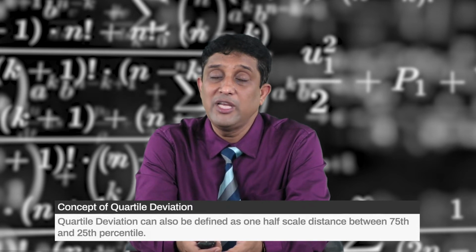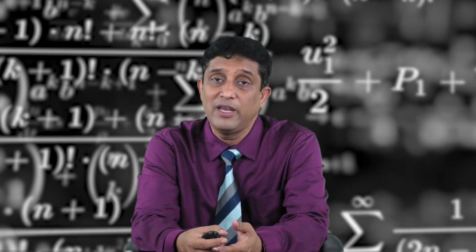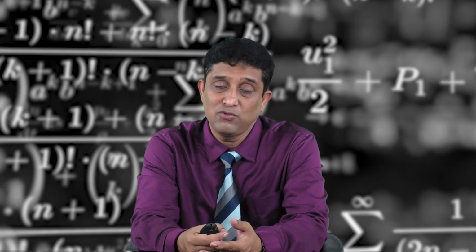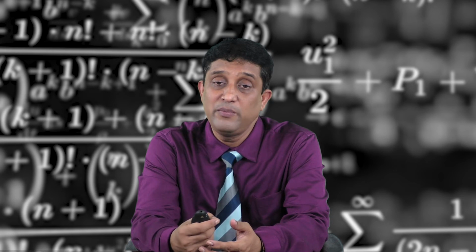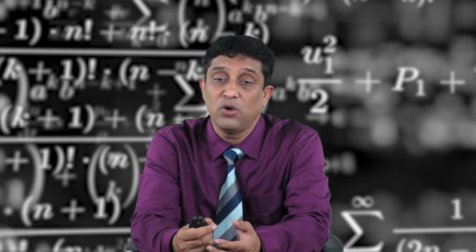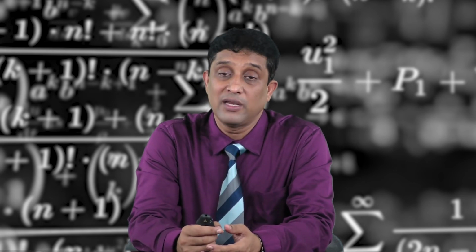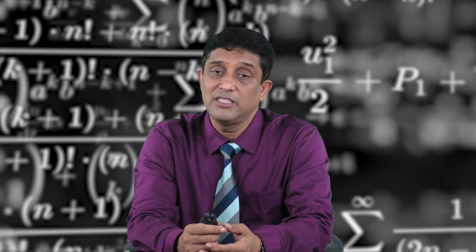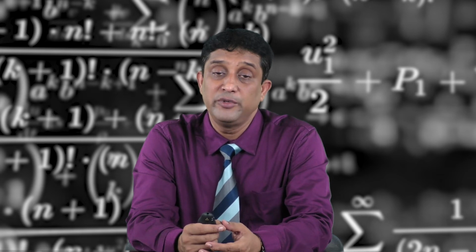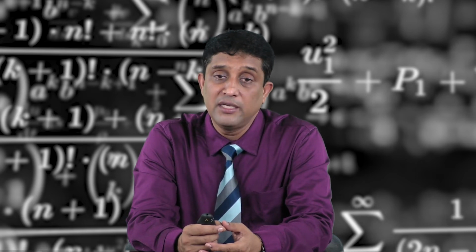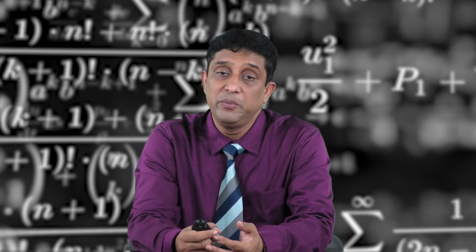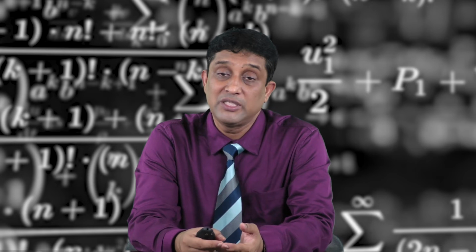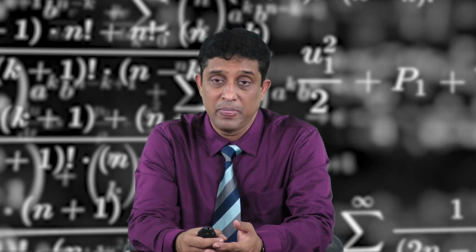Here the 75th percentile, P75, is equivalent to Q3, the third quartile, and P25, the 25th percentile, is equivalent to Q1, the first quartile. So we can say quartile deviation can also be defined as the 1/2 scale distance between Q3 and Q1, or between P75 and P25.